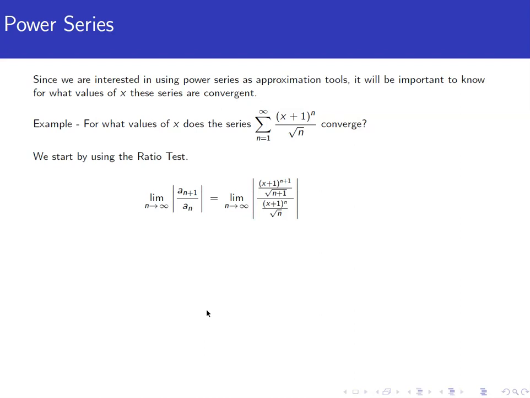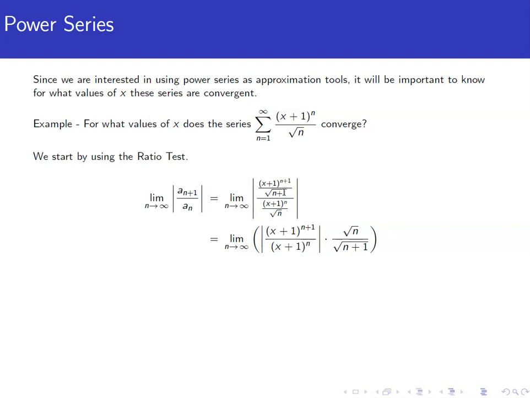Limit of the absolute value of the ratio of consecutive terms. We get on top (x plus 1) to the n plus 1 over square root of n plus 1, over (x plus 1) to the n over root n. Let's do some simplifying. n is positive here, so root n and root n plus 1 are positive, so we could pull those outside of the absolute value signs.